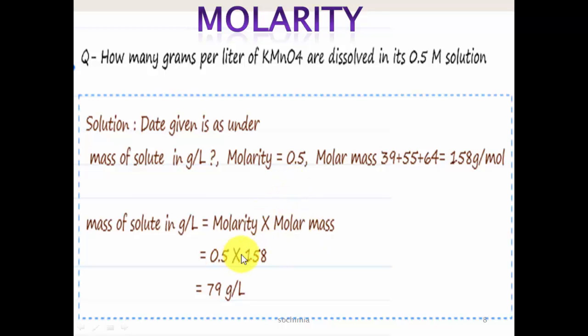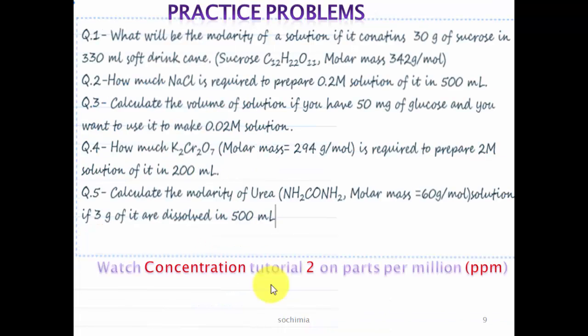Molarity is given as 0.5, molar mass is 158. So 79 gram per liter is the amount of KMnO4 dissolved in 1 liter of this solution if it has this molarity. So this was all about the basic concept behind molarity.